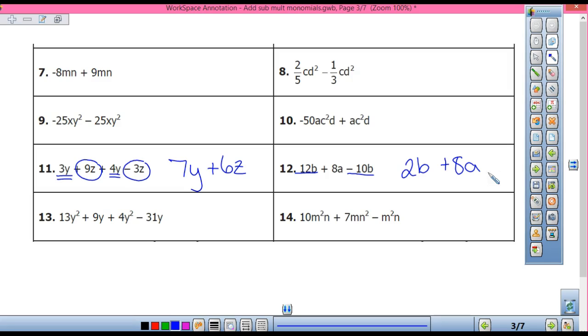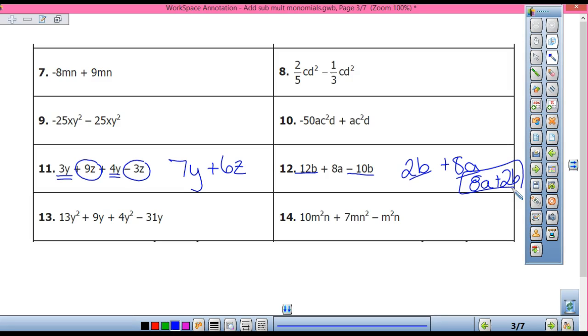Yeah, and you'll actually see it written that way a lot because a lot of the times they want to put that in alphabetical order. So a lot of times you'll see this written as 8a plus 2b because a comes before b in the alphabet, right?